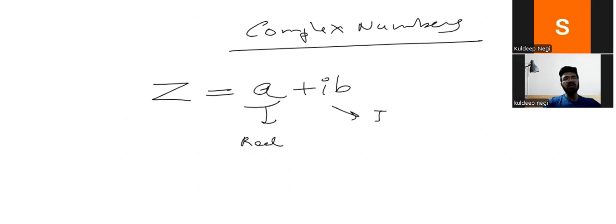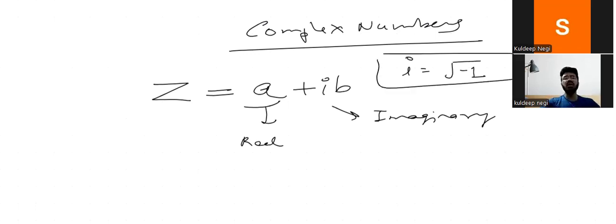You must be thinking, what is iota? Iota stands for root of minus 1. This is the value of iota. And never ever write that i equals root of minus 1 in your solution. You have to simply represent this value by iota only.